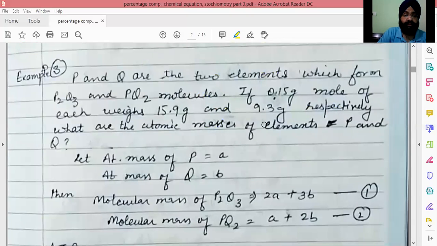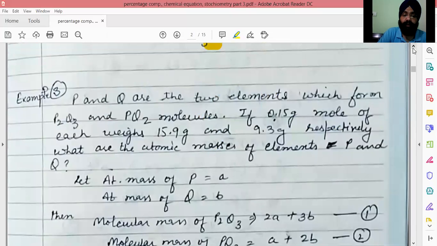Next question is, P and Q are two elements which form two different compounds. One has the formula P2Q3 and the other is PQ2. If 0.15 mole, so this is mole, not gram, of each weighs 15.9 gram and 9.3 gram respectively, what are the atomic masses of elements P and Q?